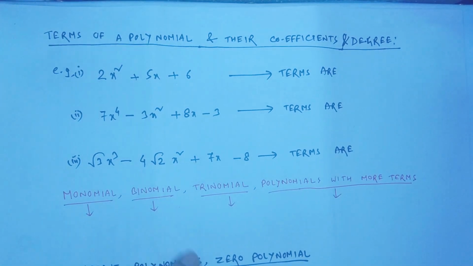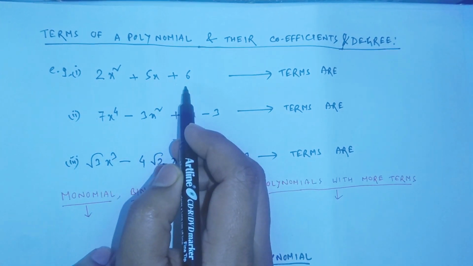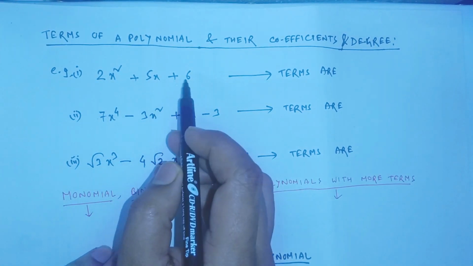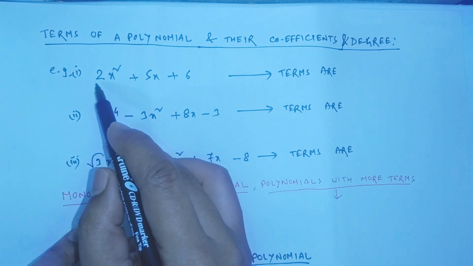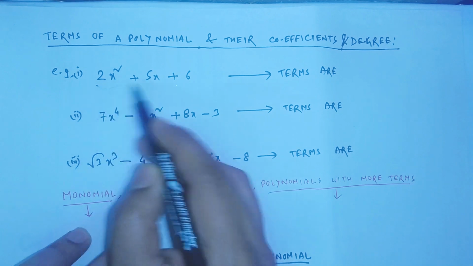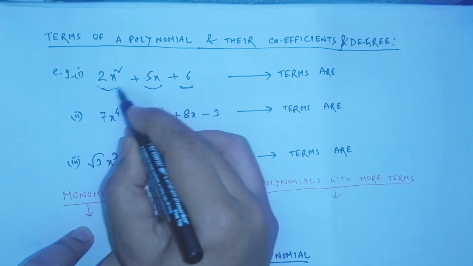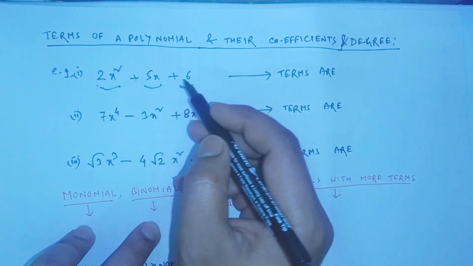Now you see here this first example. Here it is 2x squared plus 5x plus 6. Now in 2x squared plus 5x plus 6, the terms which are added here are twice x squared, 5x and 6. So these are the parts which are added. That means they are the terms.